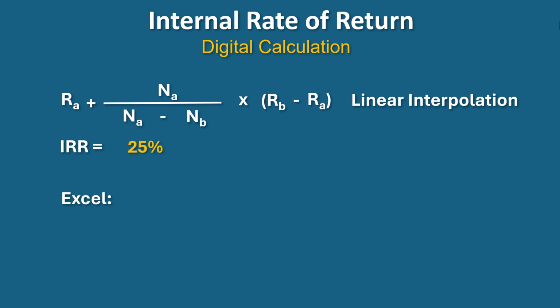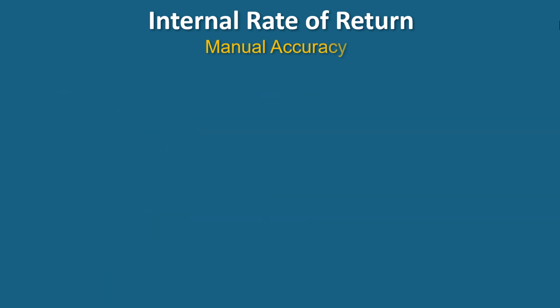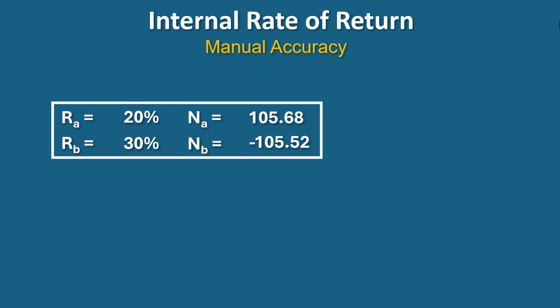However, when we calculate the same data with a computer such as Excel, we get a more accurate answer of approximately 24.57%. Why the difference? Because linear interpolation assumes a straight line between the two NPV points, but the actual relationship is curved. To get a more accurate result, we take discount rates that are closer to zero NPV.